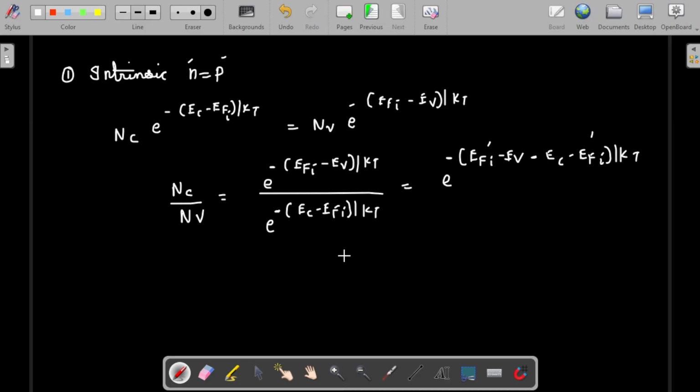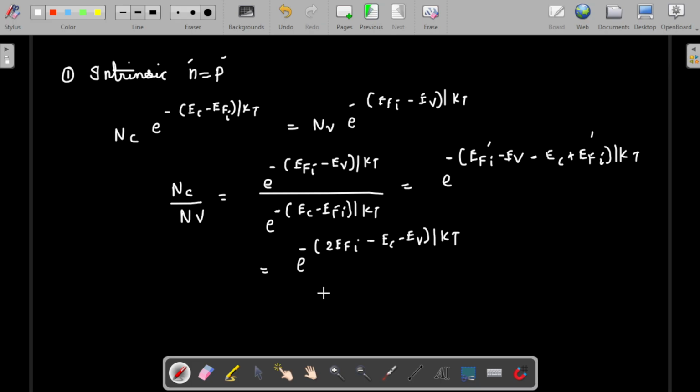Sorry, I missed one thing: this will become plus. So let's add both terms and subtract the rest, and group this together. This will be 2EFi minus (EC plus EV) divided by KT.